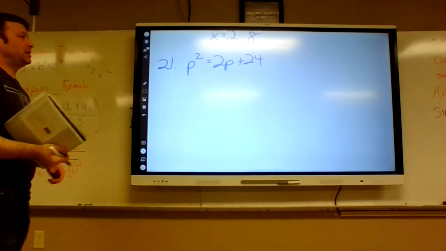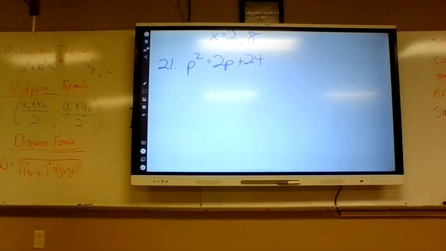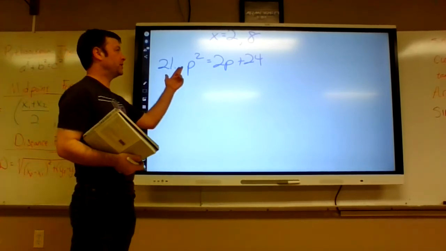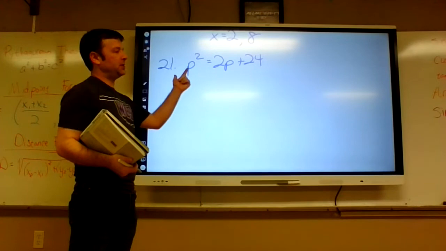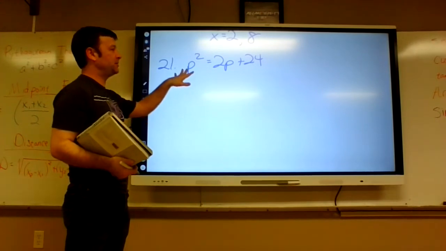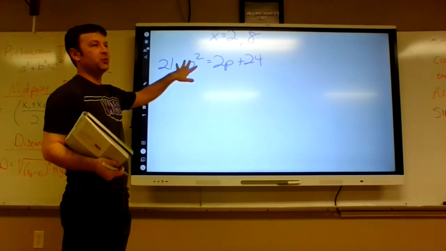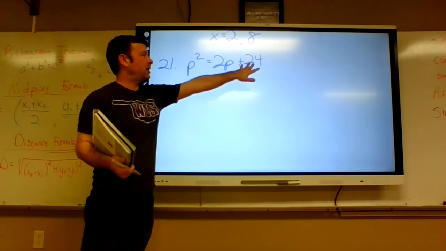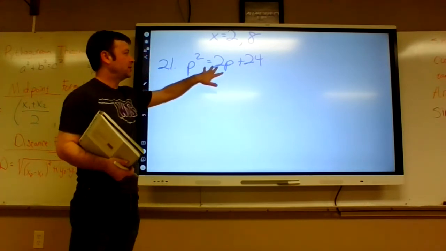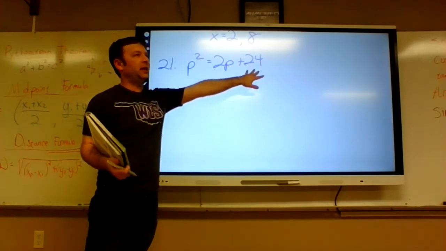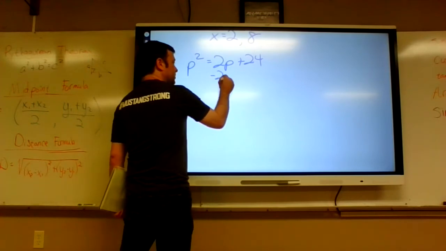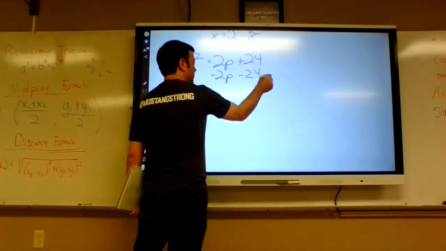Okay, we could technically subtract p squared to put it on the right side and have a 0 over here, but it's probably going to be less confusing if our p squared is positive, so it's better if we just bring everything over to the left side. So I'm going to subtract 2p and subtract 24, all at once. Minus 2p minus 24.